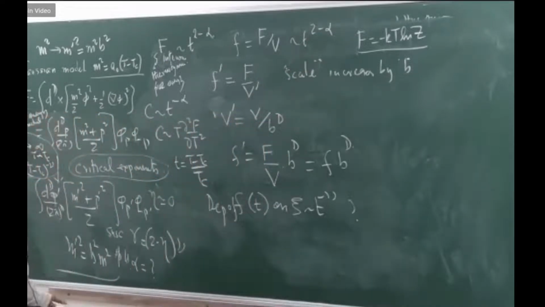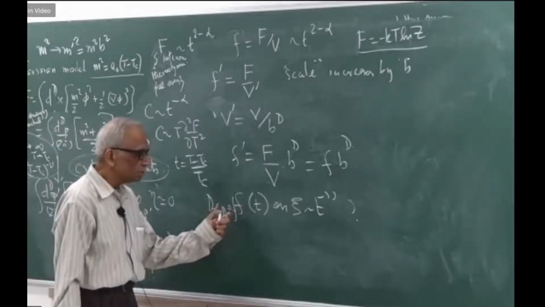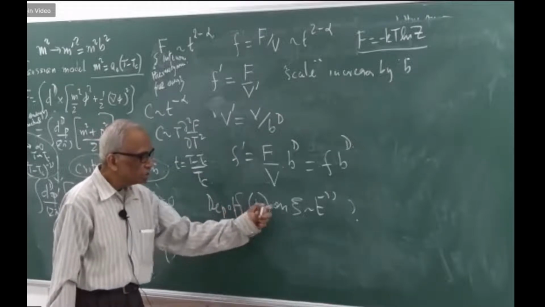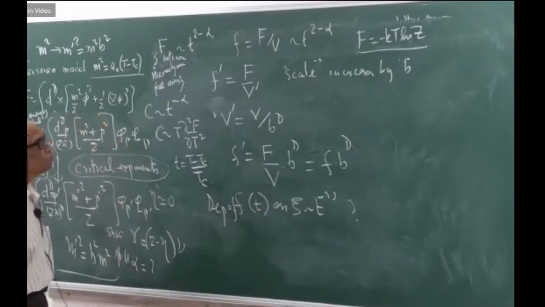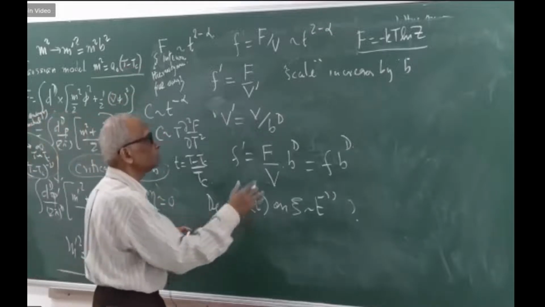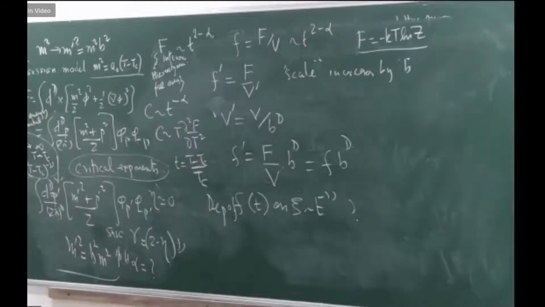Can I write this in terms of the f over here, in terms of the correlation length, and then relate the correlation exponent to this exponent over here? So that's the game that we are in the business of playing.